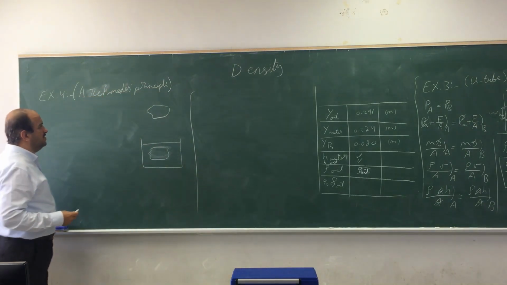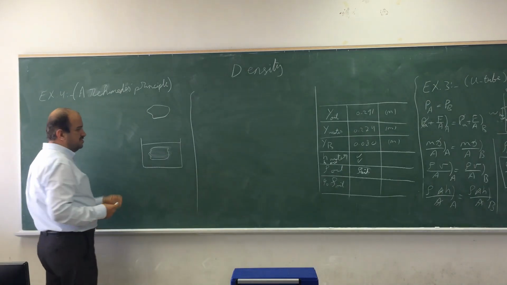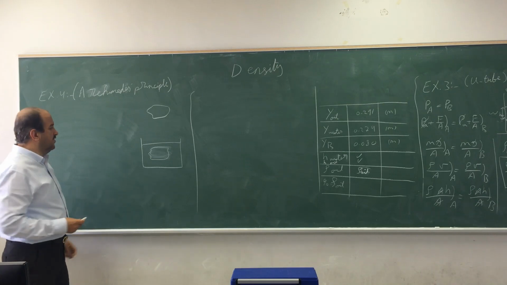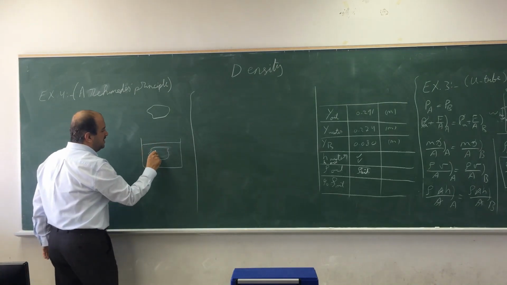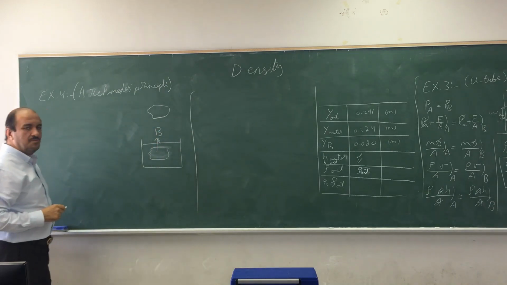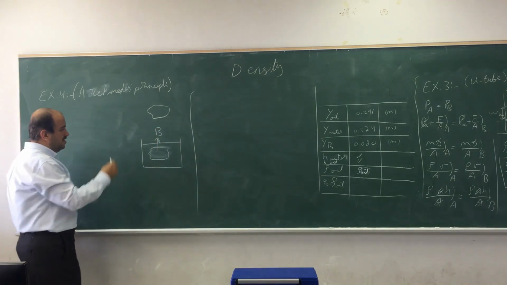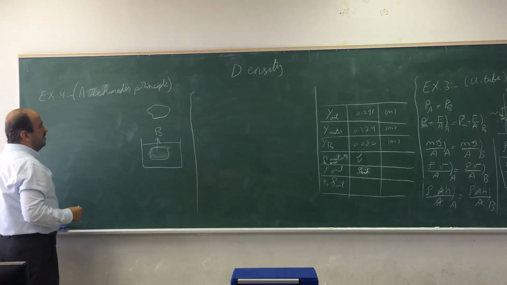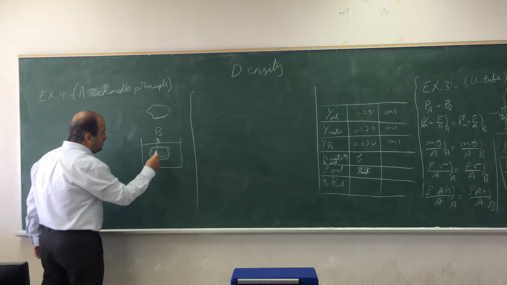Archimedes' principle tells us if we have any object and we totally submerge that object under the surface of a fluid, it will experience an upward force. We call this force the buoyant force. It pushes the object upward, and this force equals the weight of the replaced fluid.